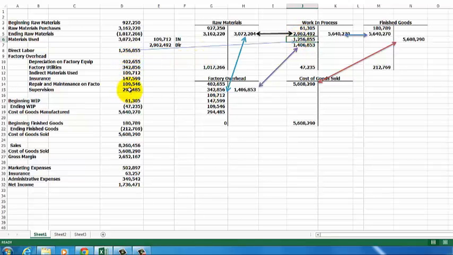Now, during the accounting period, we also are going to have some other indirect costs, overhead costs. You can see some of the examples of perhaps things you might see. We've got our indirect materials we talked about already, but we'd also have things like indirect labor, like supervision, and repair and maintenance may have some indirect labor.